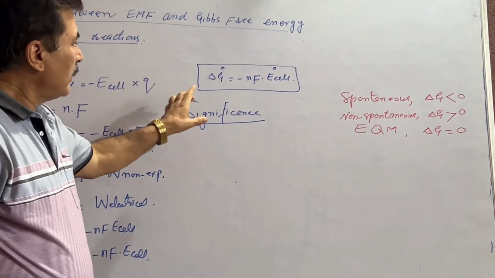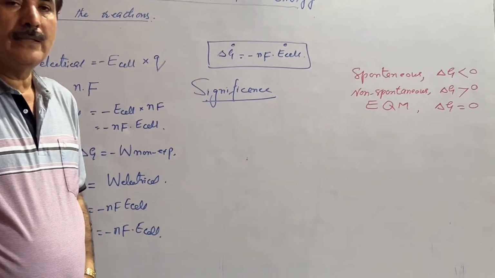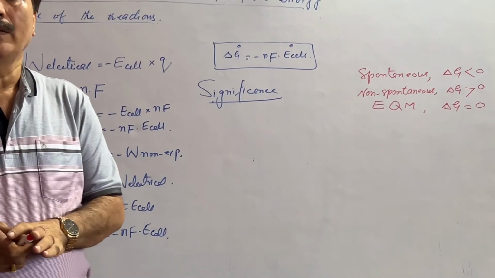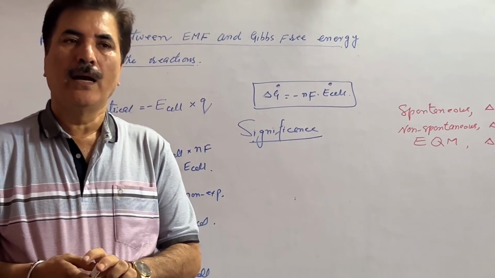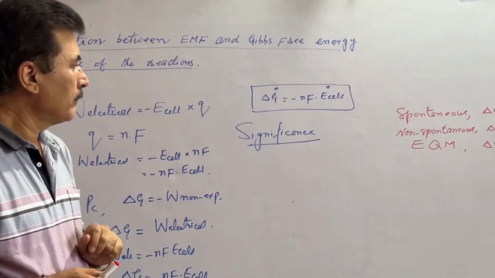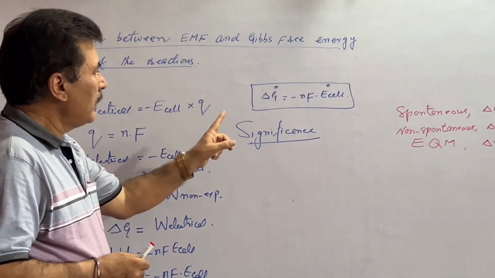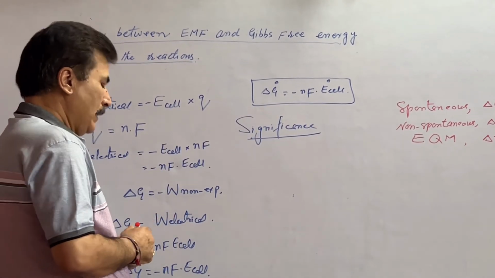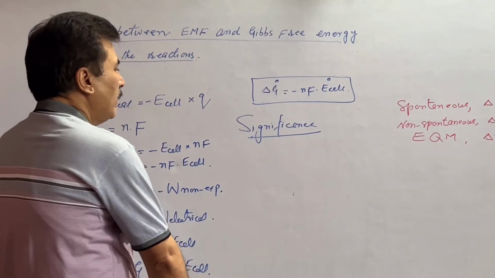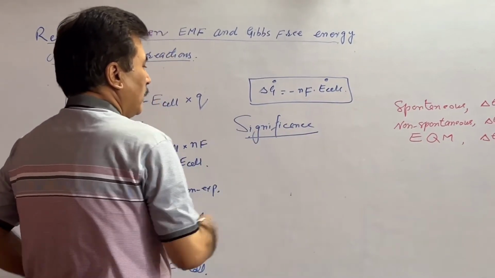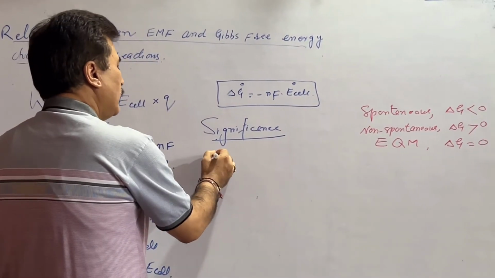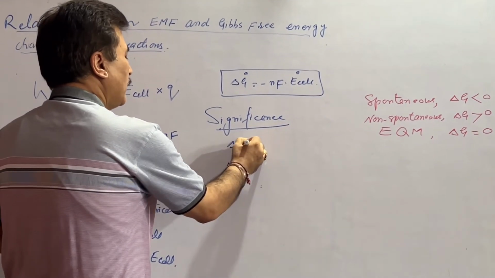Now the significance of this relation is that it gives the feasibility, that is spontaneity, of a cell reaction. For a cell reaction to be spontaneous, delta G must be a negative value, that is, delta G must be less than 0.